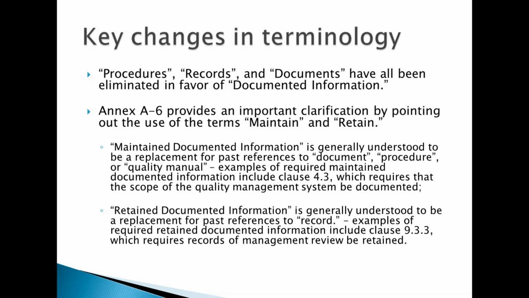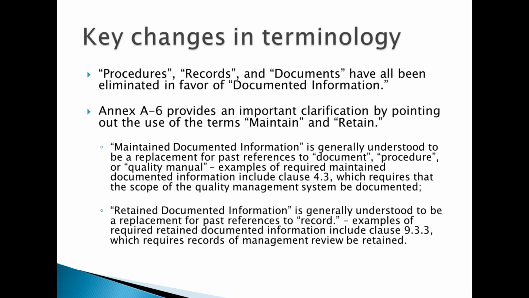Now, there are very few of these. There's only a handful of maintained documented information requirements. One of these is found in section 4.3, where it states that the scope of your system has to be documented. Now, retained documented information, that term is a replacement for record.